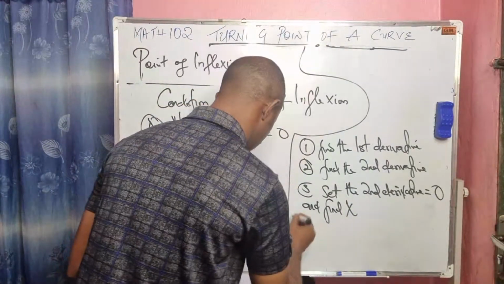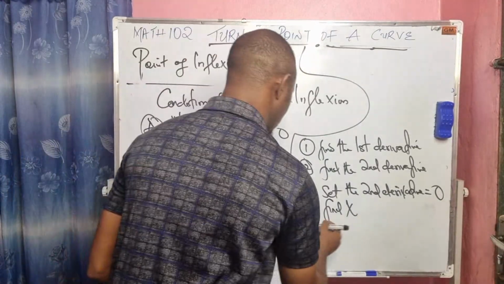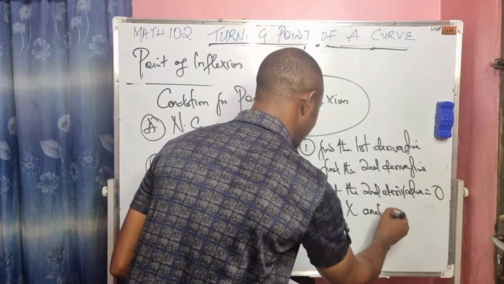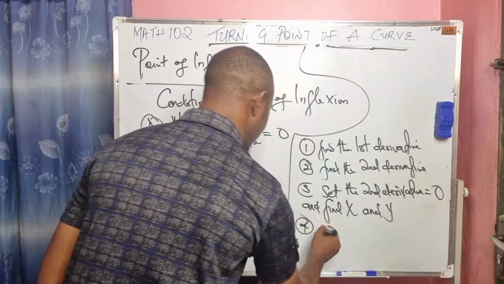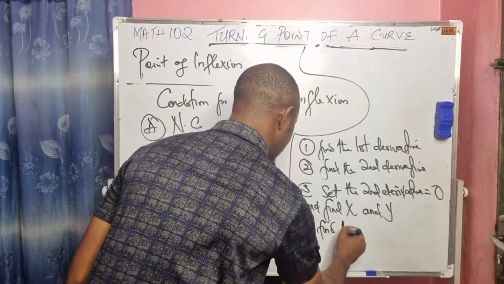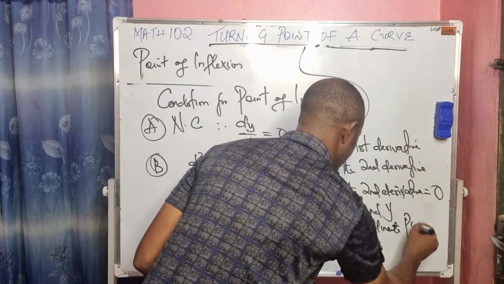Number 4, we find x and y. Don't forget, also find the coordinate point.